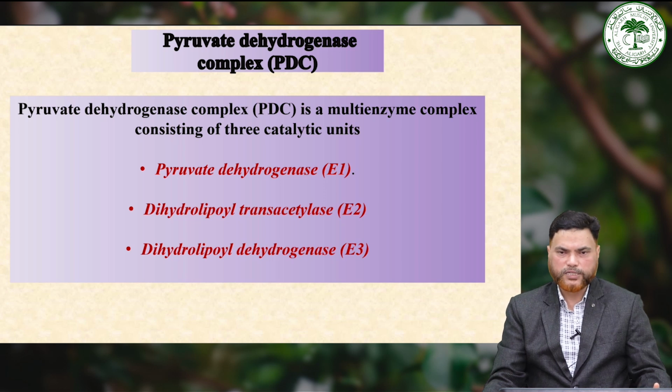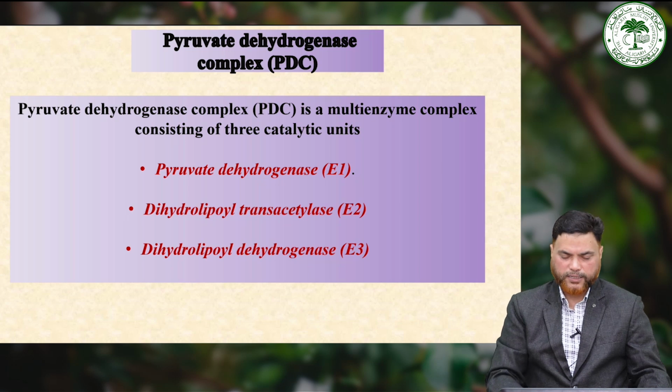Finally, in the fifth step, the reduced FADH2 of E3 transfers a hydride ion to NAD+, resulting in the formation of NADH. At this point, the enzyme complex is ready for another catalytic cycle.